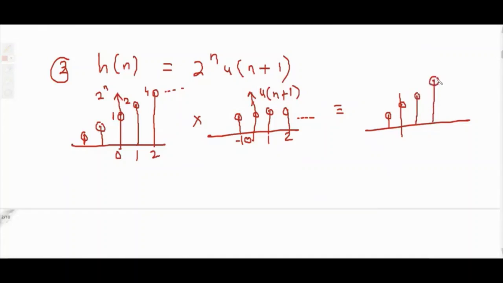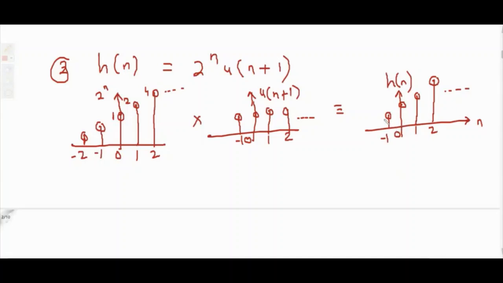Here, this is 0, minus 1, 1, 2, x-axis is 0. This is minus 1, minus 2. So after multiplication, we will get this type of signal.